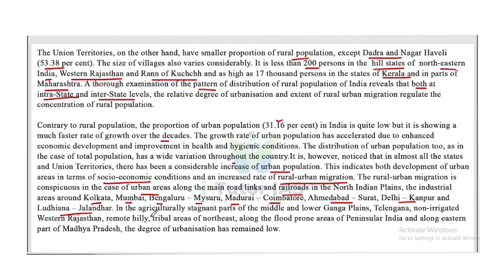Now, in the agriculturally stagnant parts of the middle and lower Ganga plains, Telangana, non-irrigated western Rajasthan, remote hilly tribal areas of the northeast, along the flood-prone areas of peninsular India and in eastern Madhya Pradesh, the degree of urbanization has remained low.